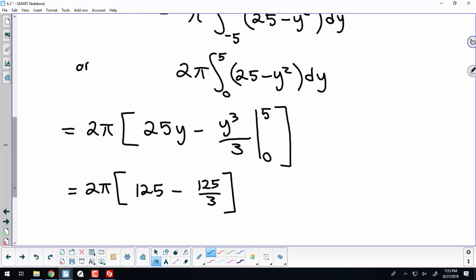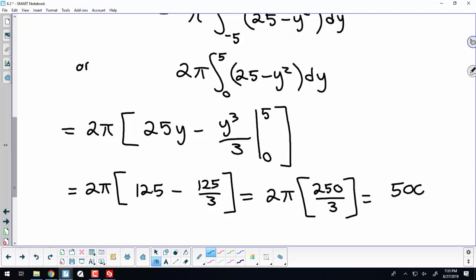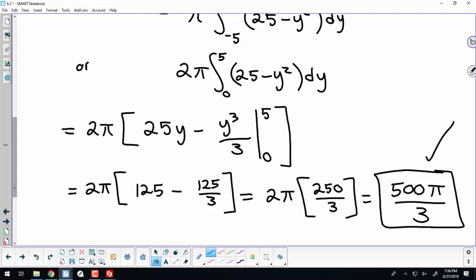That's 375 over 3 minus 125 over 3, which gives 250 over 3. So what we're after is 500 pi over 3.